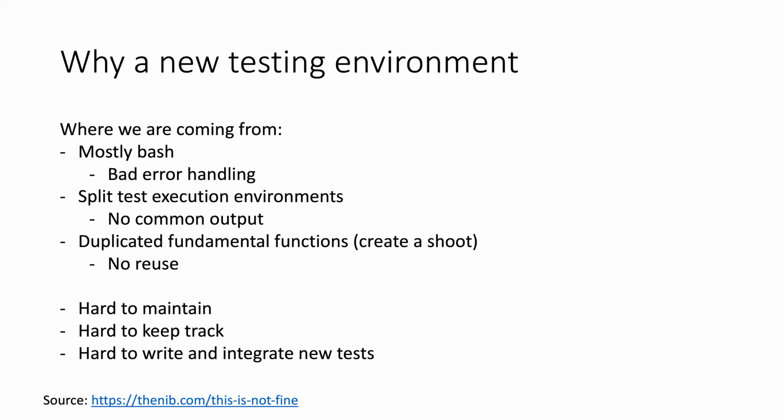Then it is hard to keep track, so we have no central point of reporting, and we do not really know what is going on, what tests are run for which control and which environment, what they look like. And another big pain point is that it's really hard to write and integrate new tests. For now, you do not really know in which environment you want to go.